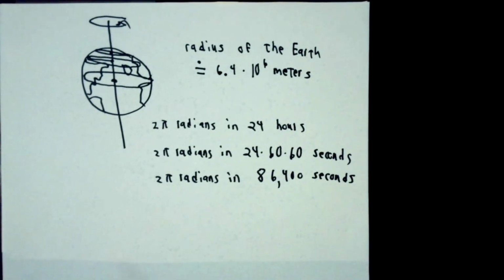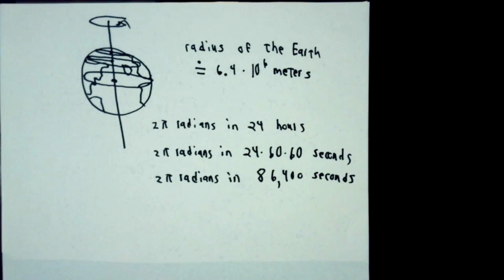24 hours, each hour has 60 minutes, so there are 24 times 60 minutes. Each minute has 60 seconds, so one day is 24 times 60 times 60 seconds, which is 86,400 seconds.